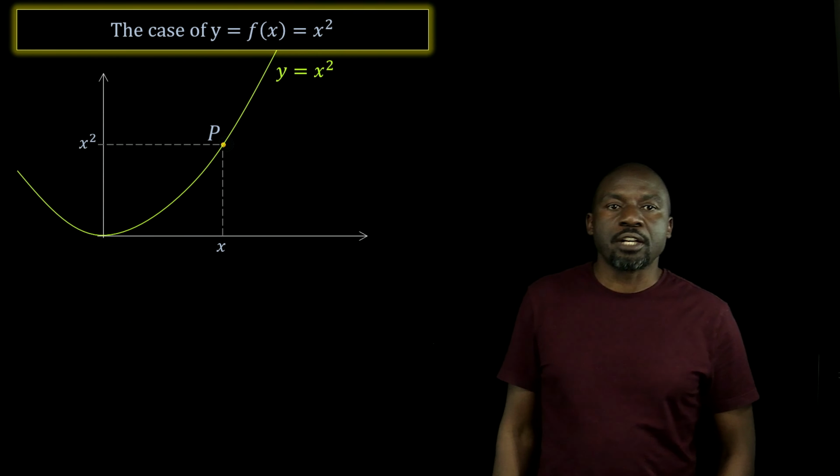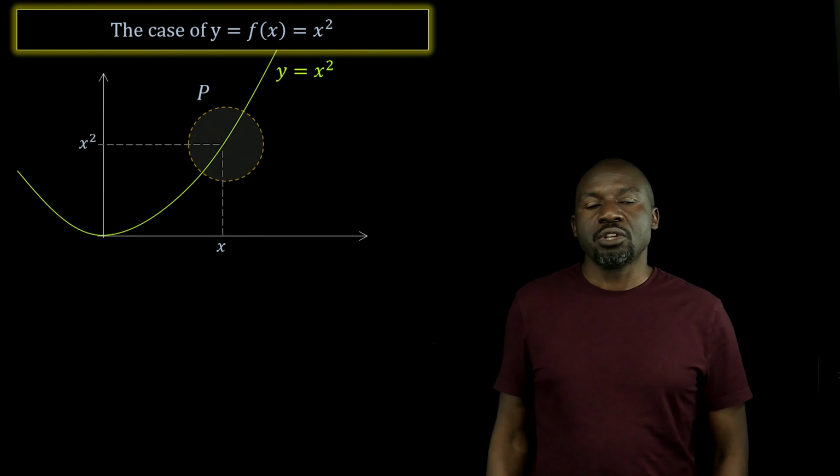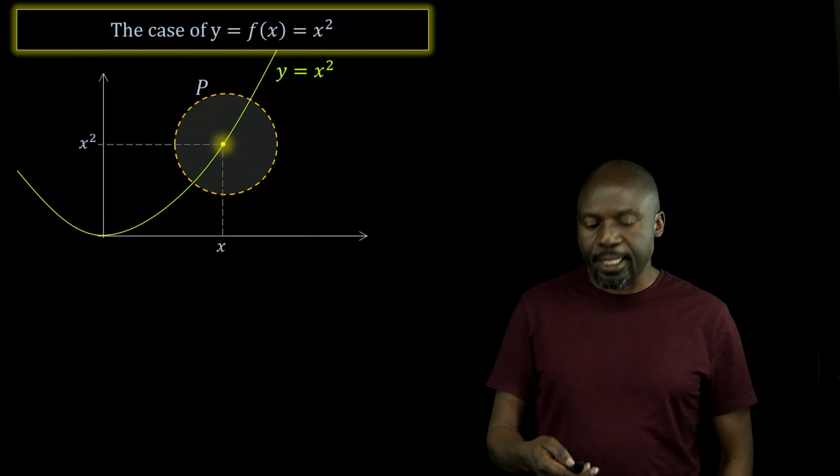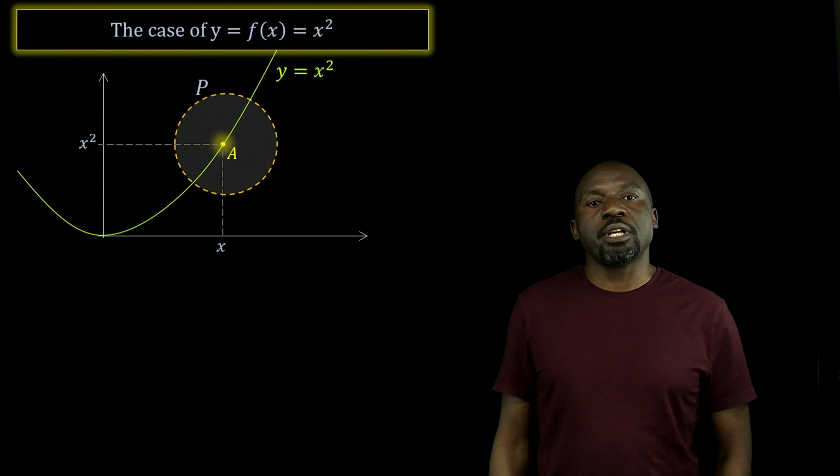Now if we zoom into that point, that is equivalent to zooming into the point that we did just earlier, then it is possible to pick a second point.